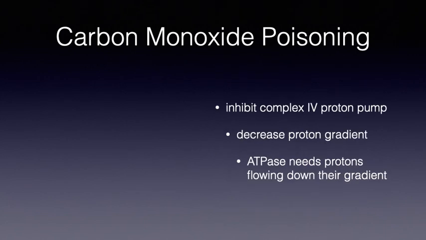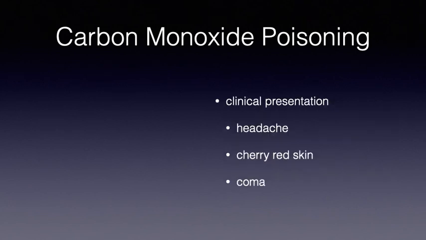Carbon monoxide and cyanide each are capable of inhibiting complex 4 of the electron transport chain. Therefore, both decrease proton pumping, thus decreasing the proton gradient. Decreasing the proton gradient in turn blocks ATP synthesis because the ATPase requires the flow of protons down their gradient. Patients with carbon monoxide poisoning may present with headache, and they might also have cherry red skin.